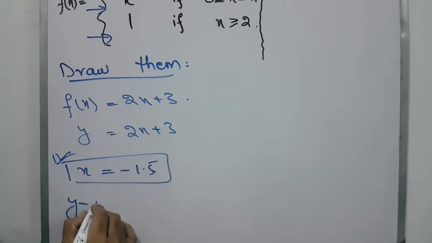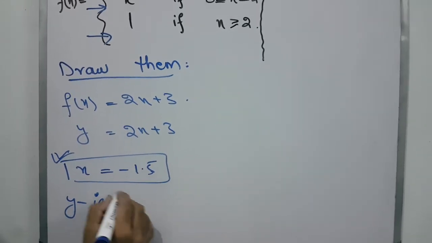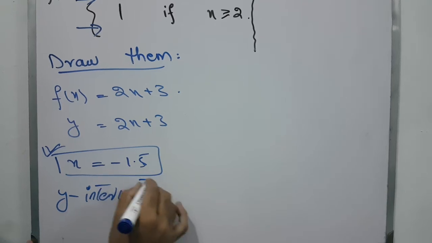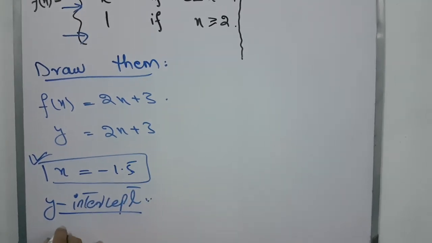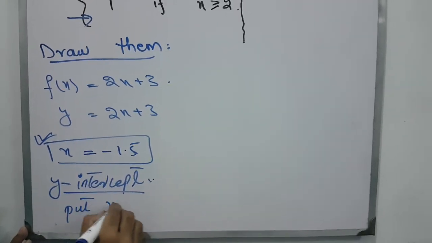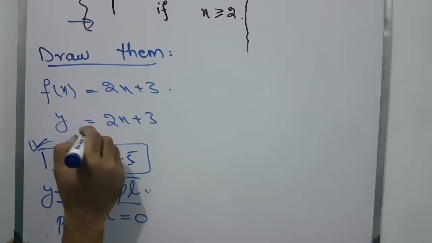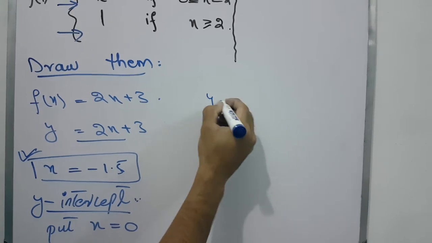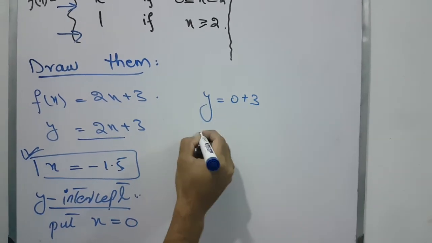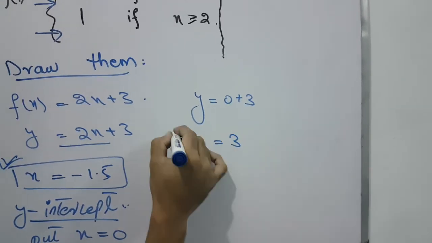Now we are interested in finding the value of y, therefore we use the y-intercept. For the y-intercept, put x equals 0 in this equation, then the value of y will become 0 plus 3, so y equals 3.